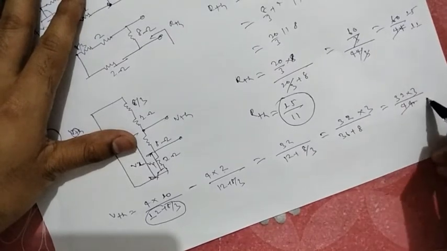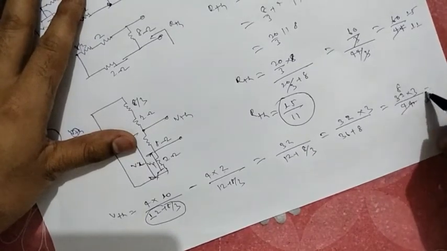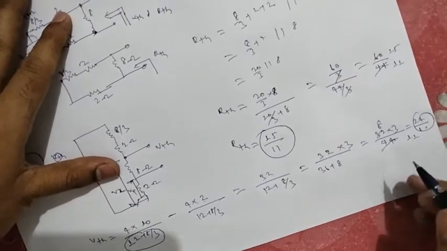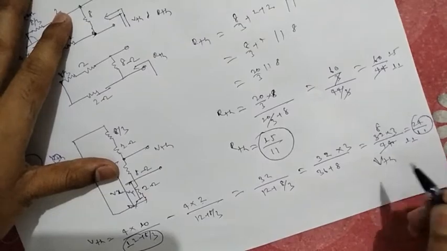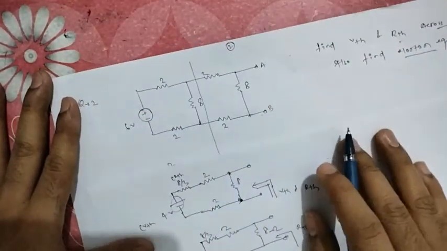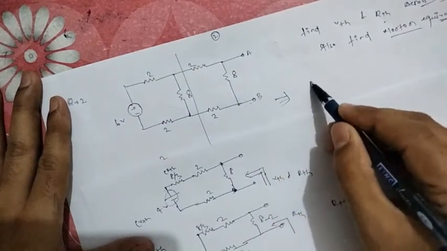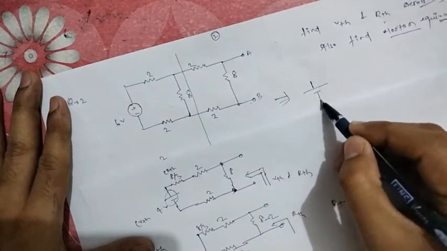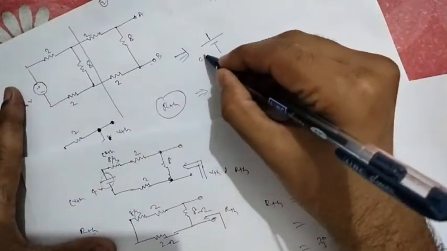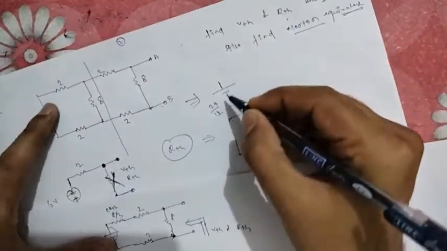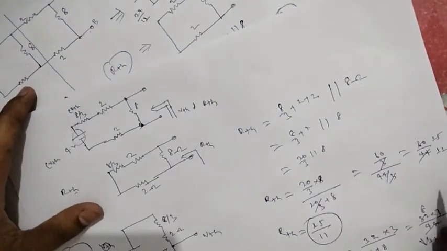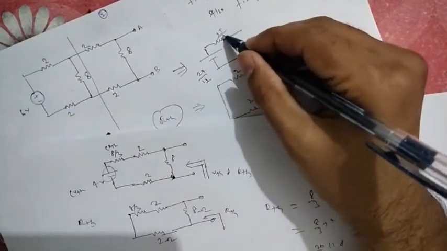Now 4 11s are 44, 4 8s are 32, which means 24 by 11, we got our VThevenin. What was this circuit? This total circuit now got reduced into a VThevenin, which is nothing but 24 by 11, in series with RThevenin, which is nothing but 15 by 11.